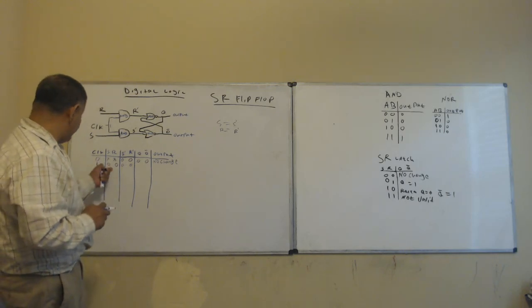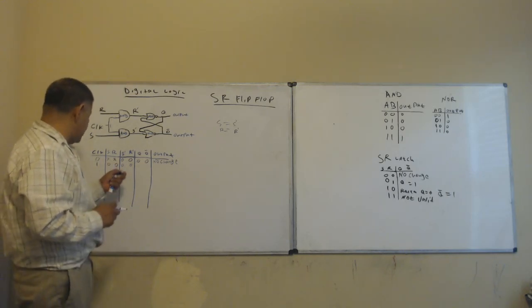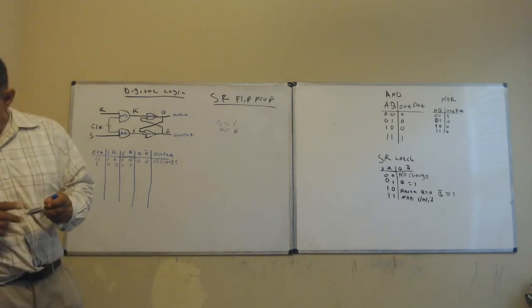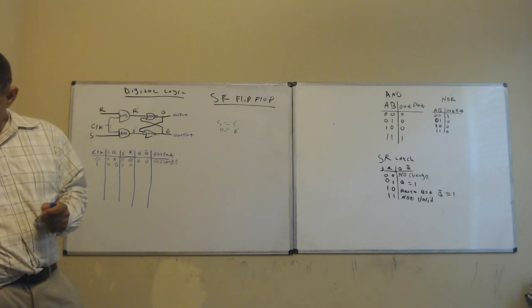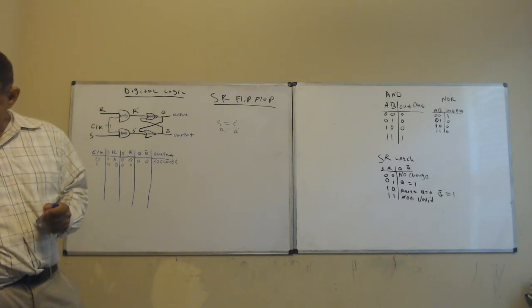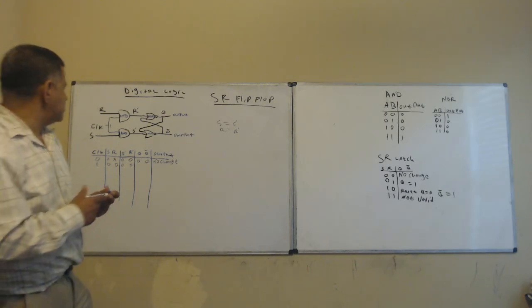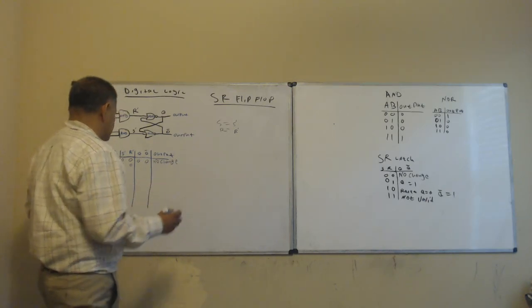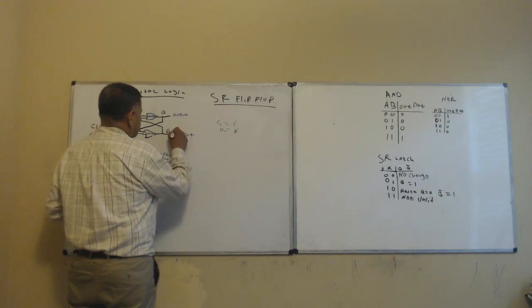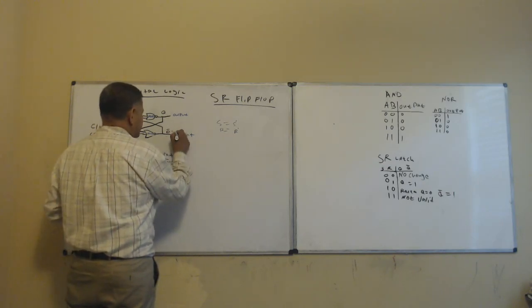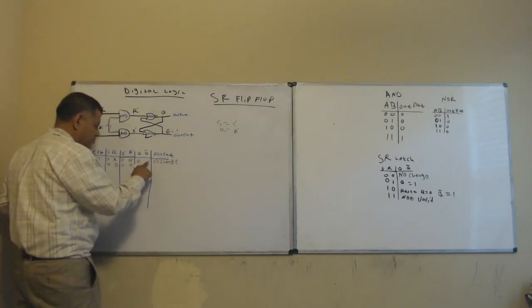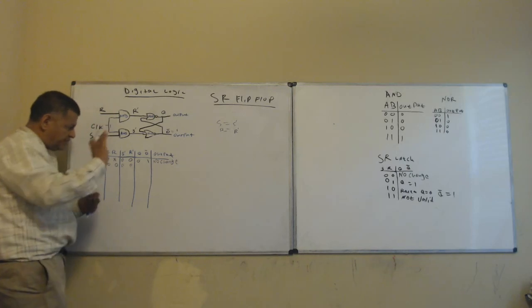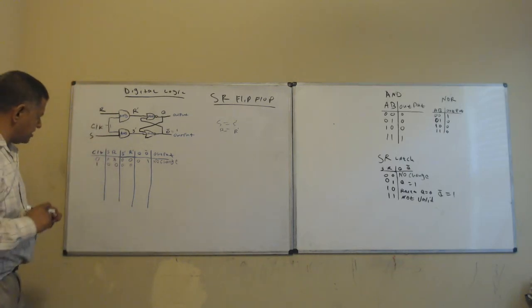If this is 0, this is 0, let's work this out. Initially we start like in the last video, where at that moment Q naught was 1. Assuming that something was turned on, Q naught was 1, right?